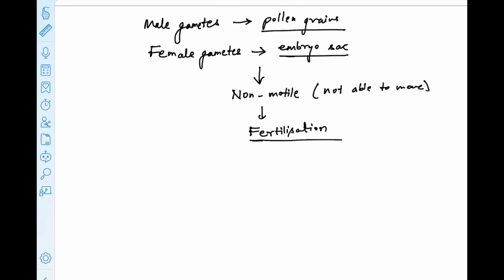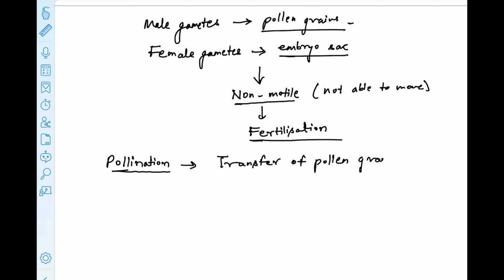Now, how could this fertilization be achieved if both of the gametes are non-motile? Through a very important mechanism known as pollination. Okay, so pollination is the mechanism in which transfer of pollen grains takes place, and these pollen grains, we know, are shed from the anther to the stigma.